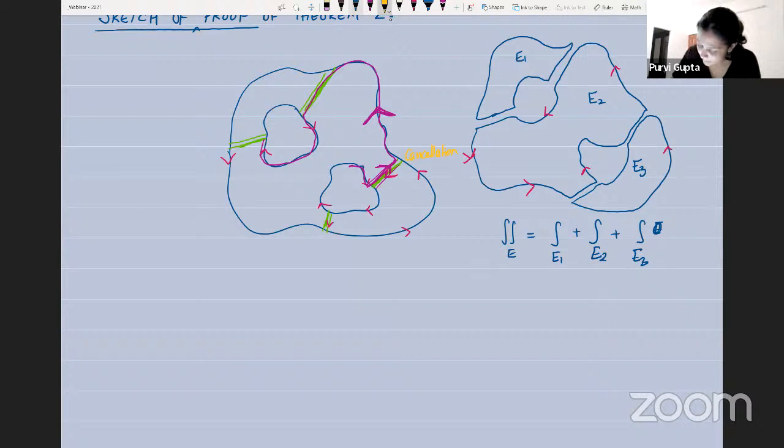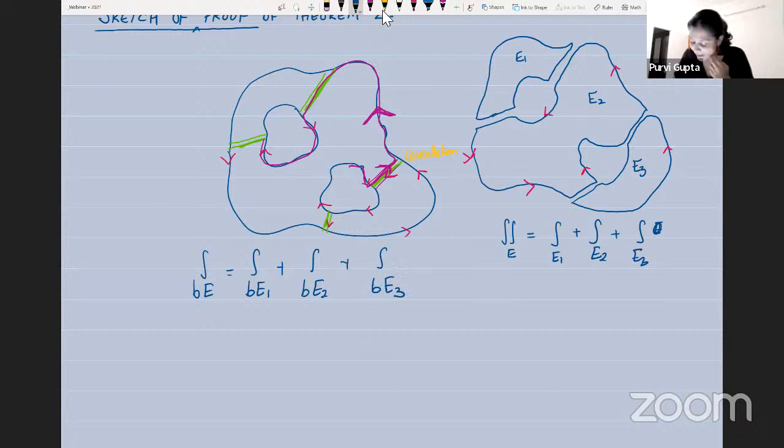So at the end of the day, what's happening is that even the boundary integrals are splitting up as the sum of these three integrals. But here we have to be a little bit more careful because here there is actual cancellation happening due to the orientation. And that is why it is important that we are integrating a vector field along a curve because their orientation matters.